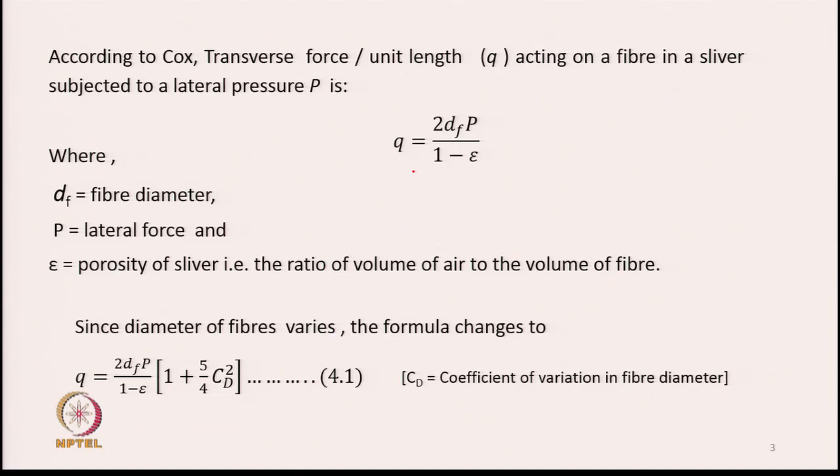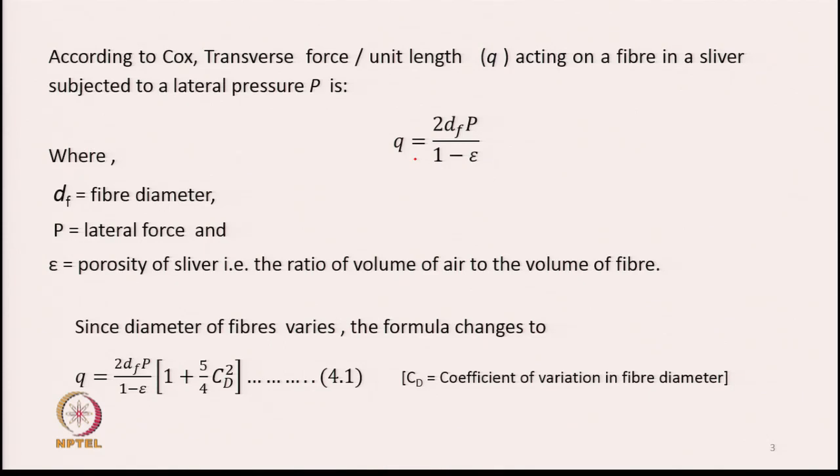So, this particular derivation was done by the scientist Cox, and this gives us an idea that the transverse force q on a fiber which is within a sliver, and let us say we are trying to pull out the fiber from a sliver, then this is the force per unit length the fiber is going to experience, which is a function of the diameter of the fiber, the lateral pressure which is acting on the fiber, and the porosity of this fiber, that is compactness.